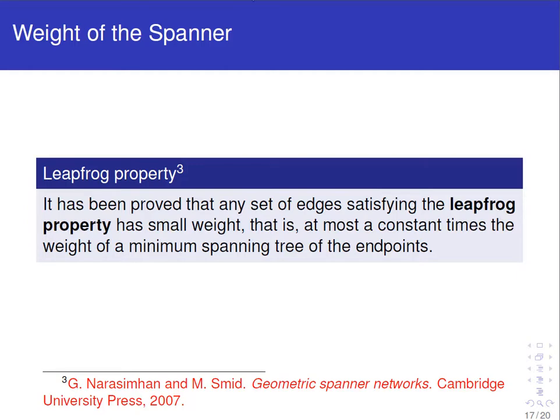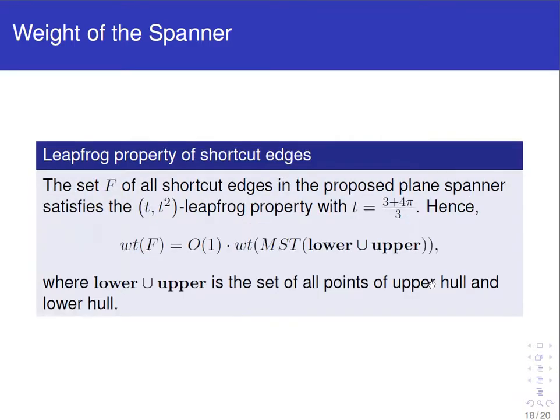It has been proved that any set of edges satisfying the leapfrog property has a small weight, that is, at most a constant times the weight of a minimum spanning tree of its endpoints. Now we obtain the following result on the set of all shortcut edges.